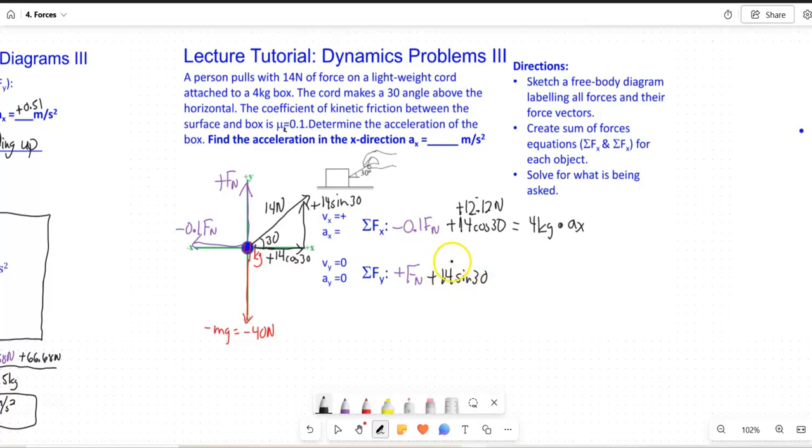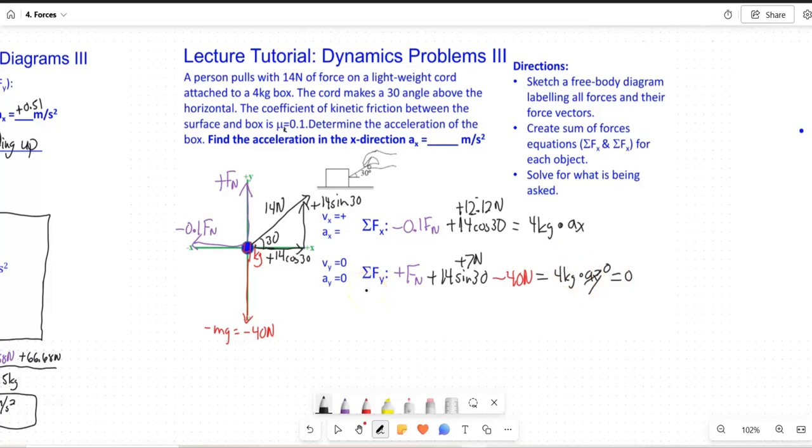That's also up, which, by the way, is just positive 7 newtons. Sine of 30 degrees is 0.5. And then we have the weight of the object, which is 40 newtons down. And that's going to be equal to 4 kilograms times the acceleration in the y direction, but that is 0. So this whole thing is equal to 0 on this side.